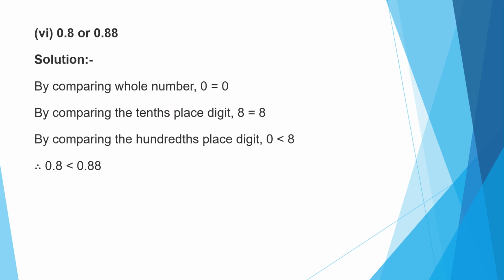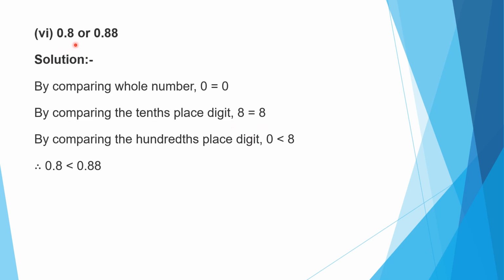One more sum here, 0.8 or 0.88. So let us start comparing from whole numbers. In both numbers it is 0. And let us compare the tenths place. In tenths place also, both numbers have 8. So where we have to further move? We have to move to the hundredths place.